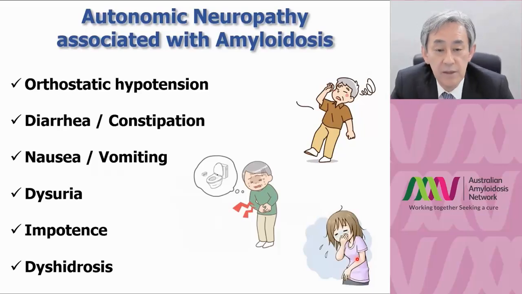Autonomic neuropathy is also very common in systemic amyloidosis. Representative autonomic nerve dysfunctions include orthostatic hypotension, diarrhea, constipation, nausea, vomiting, dysuria, impotence, and dyshidrosis.